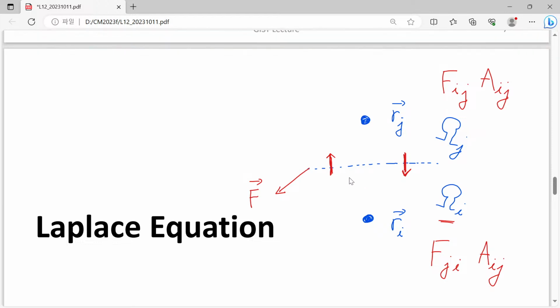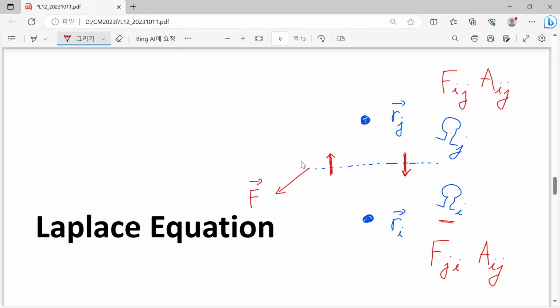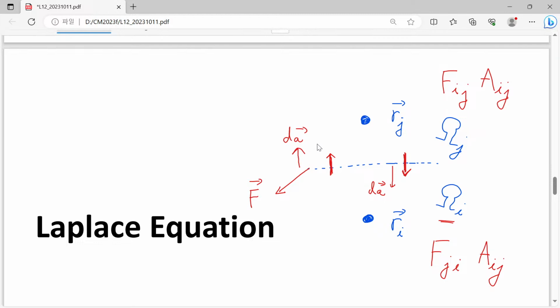And why do we have these different numbers? Because in this case we multiply this dA, and in this case we multiply this dA. Since the direction of our normal area vector is now the opposite, that's the reason why we have different numbers.